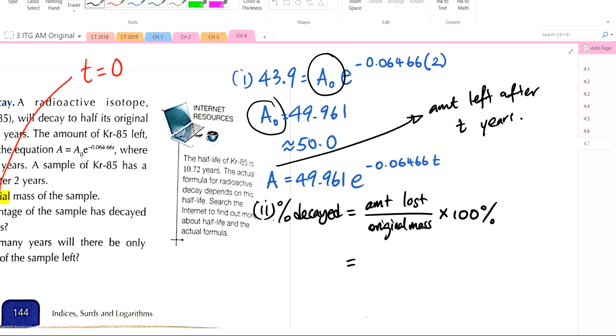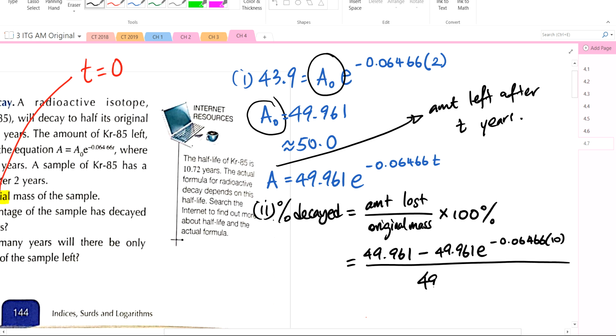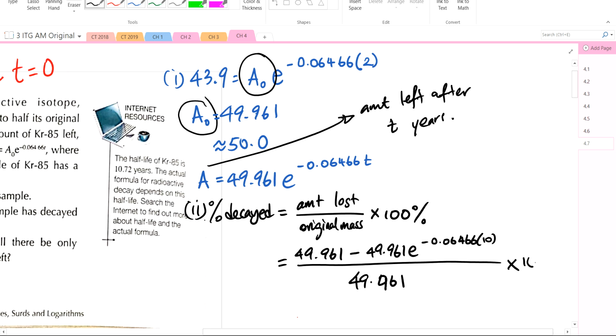Original minus amount left. Okay, so original 49.961 minus, then I substitute in the value, right? 49.961 e to the power of negative 0.06466 times 10 divided by 49.961 times 100%.